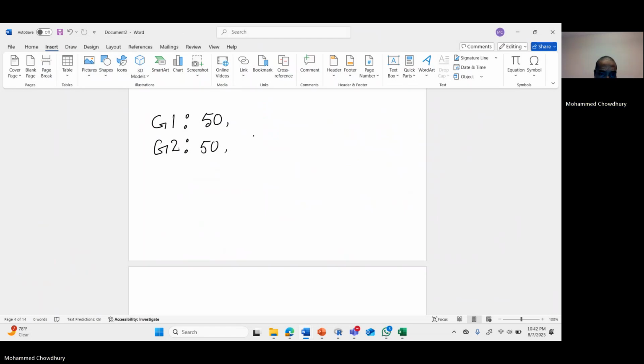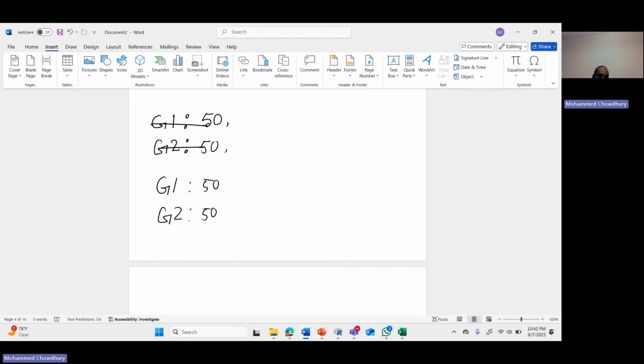If you are asked, there is a group of 4 students, their average, sorry, let me erase these things. There is a group 1 and there is a group 2. The average of the first group is 50 and the average of the second group is 50.